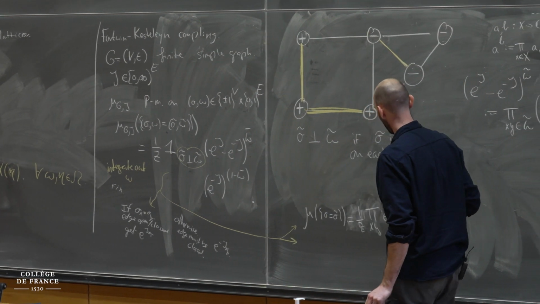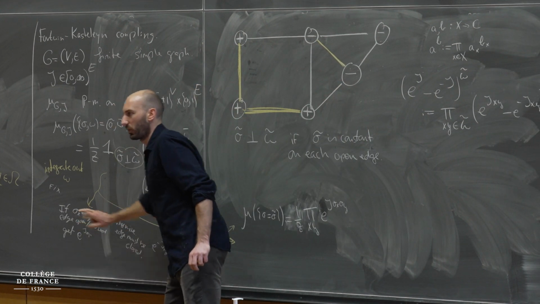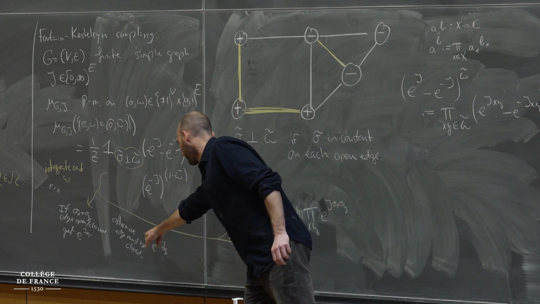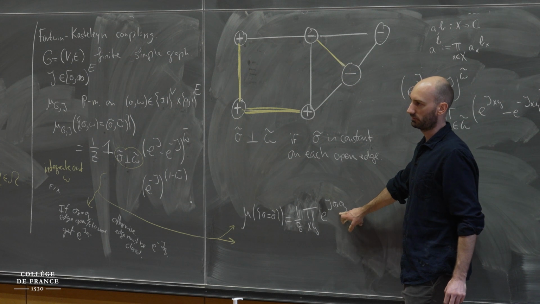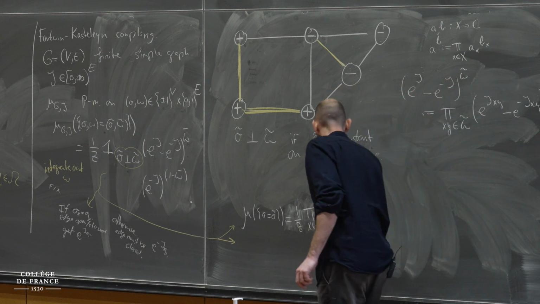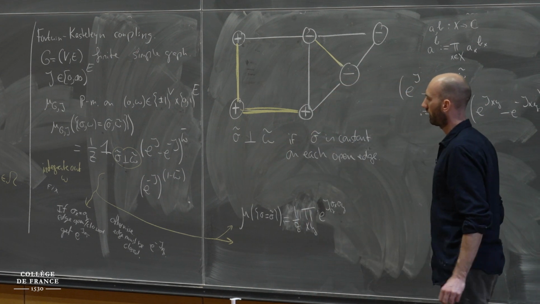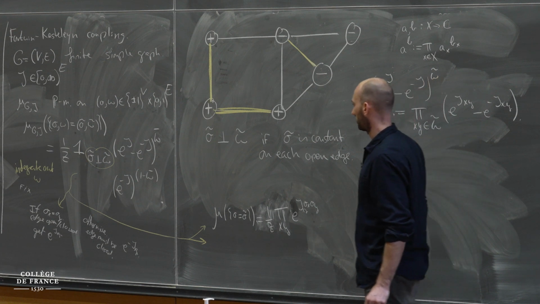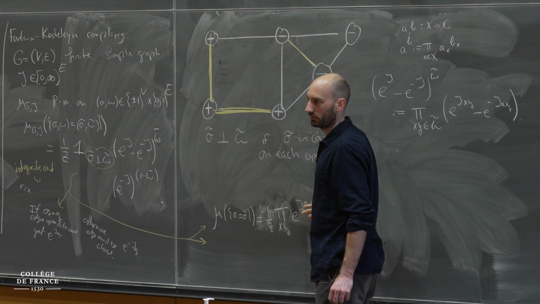And that's it, right? So if the two are the same, then the product is of course equal to 1, and then we get e to the j. If they are different, then their product is minus 1, and we get minus j.